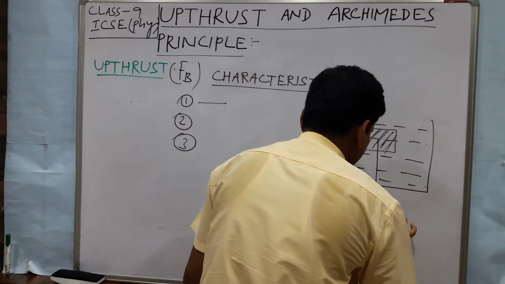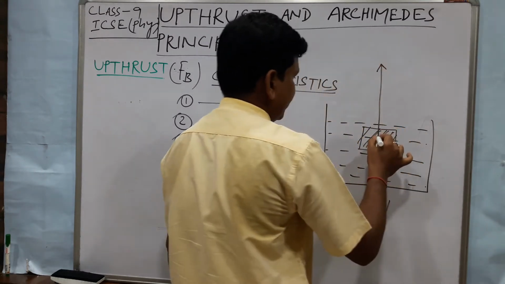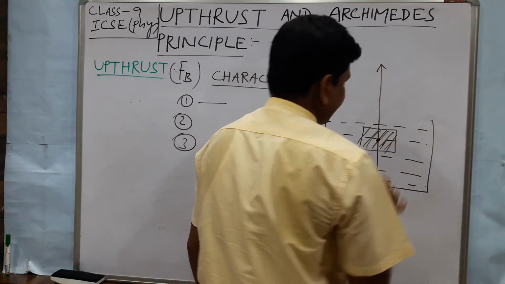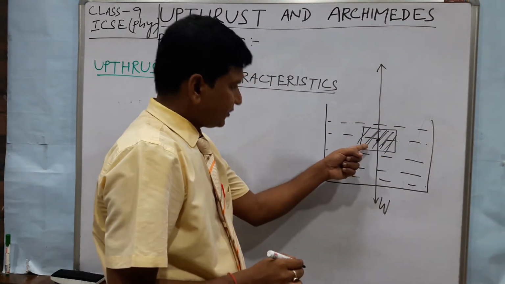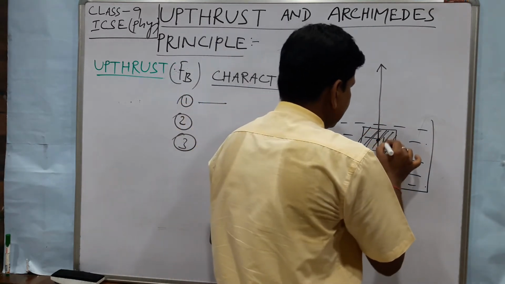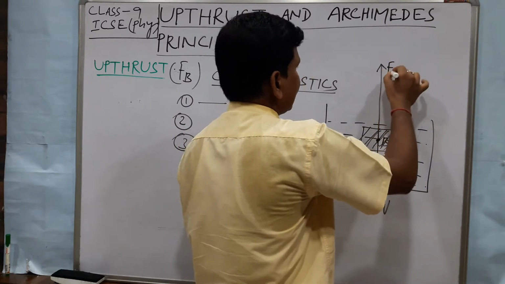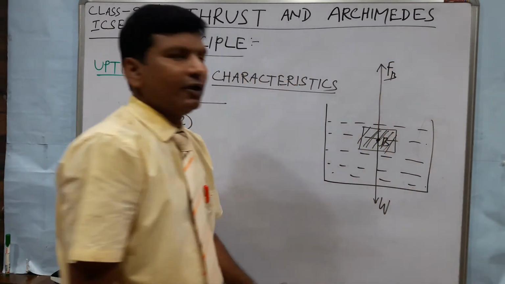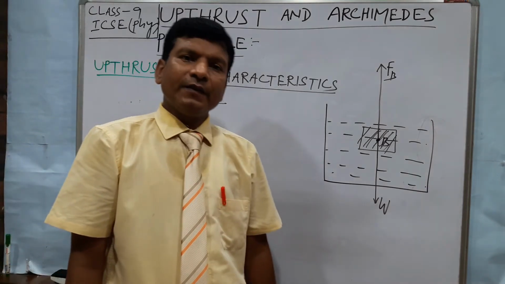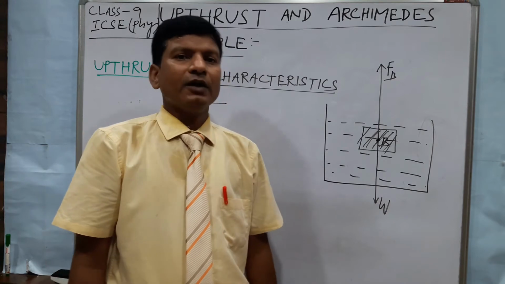This side is the weight, and then the upthrust will act at this point. If this is the center of gravity of the body, and this is the center of buoyancy of the body, then from this point the upthrust will be acting on the body. And remember that upthrust always acts in the upward direction and from the center of buoyancy of the body.